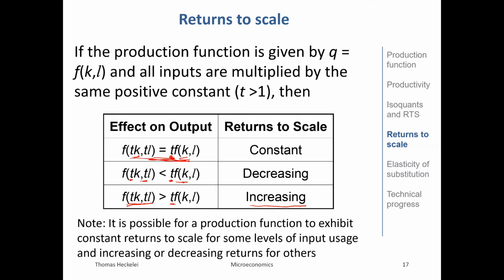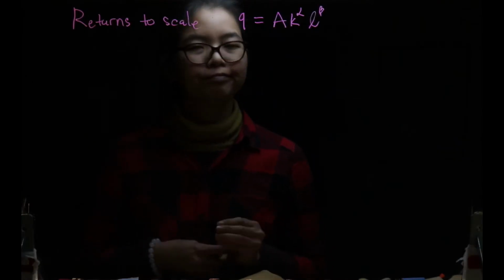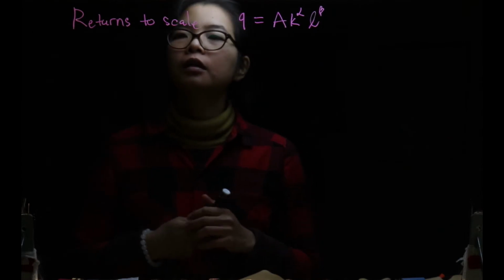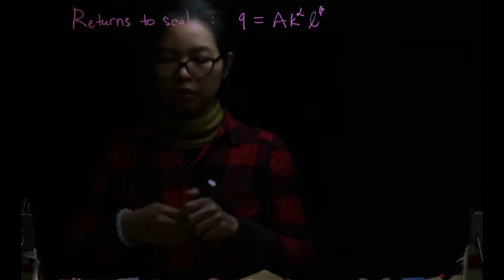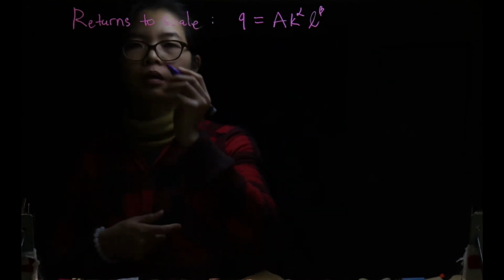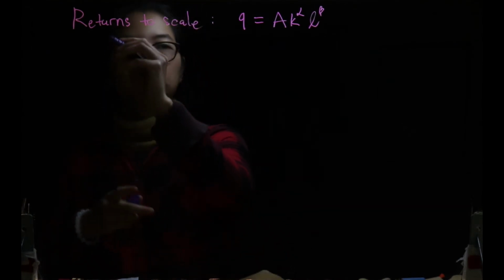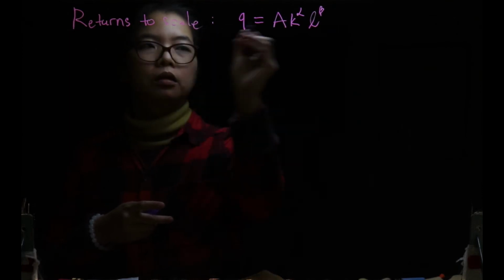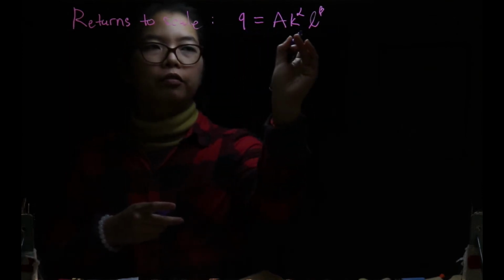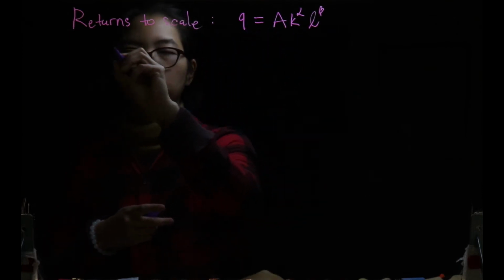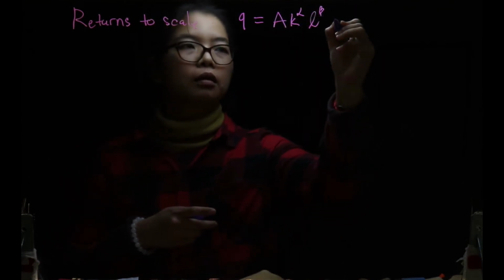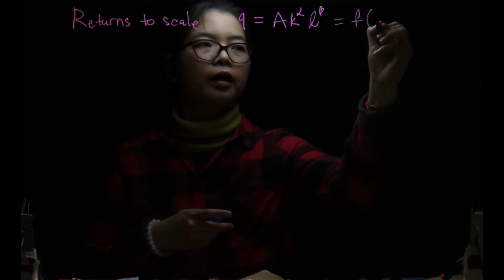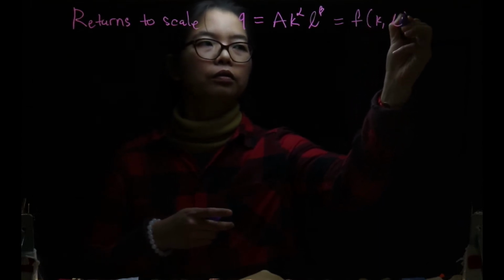All right, let's do some examples. Let's find out the returns to scale for the Cobb-Douglas production function. Now that we have this production function, let's call it F(K, L).